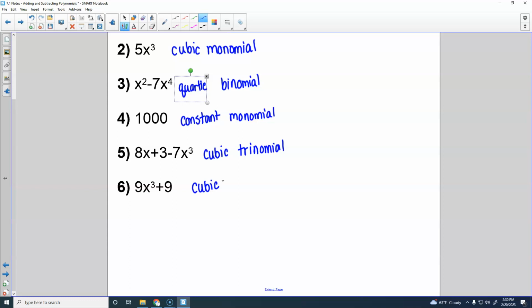So how many terms does that one have? It's going to have 2 terms, separated by a plus or minus sign. So like 9x to the third would be a term and 9 would be a term. So we've got 2 terms, and on that list for the number of terms, that is a binomial.